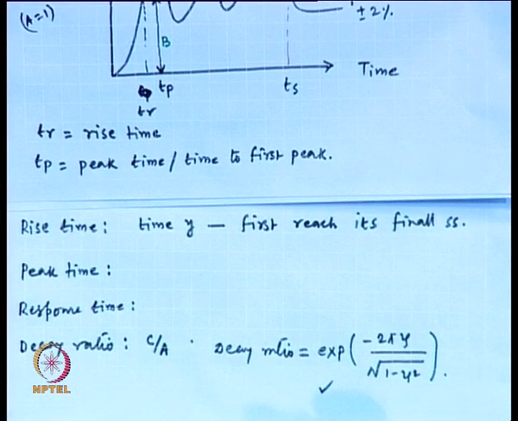From that equation we can easily derive the expression for decay ratio, and that is this one. Decay ratio equals exponential of minus 2 pi zeta divided by root over of 1 minus zeta square.